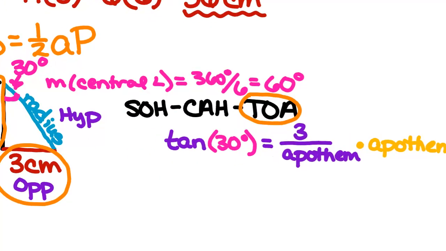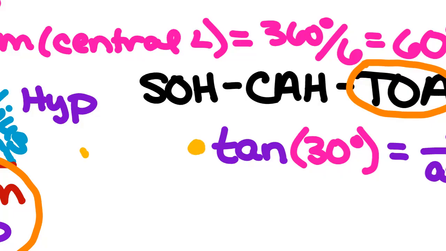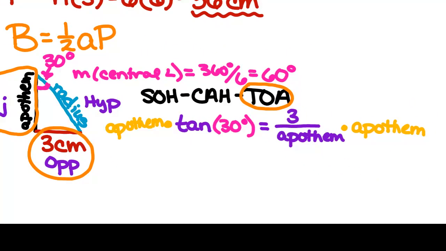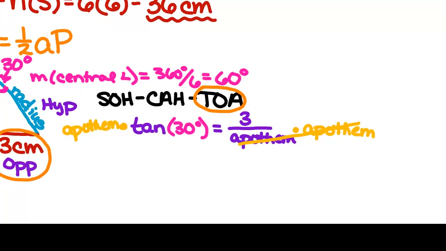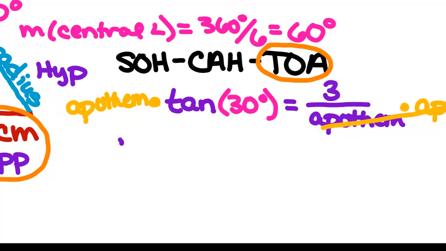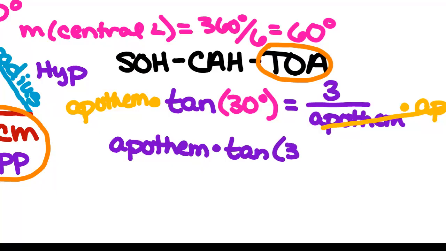If you do it to one side, don't forget to do it to the other side. So over on the right, the apothem that I'm multiplying by and the denominator cancel each other out. Over on the left, I have apothem times the tangent of 30 degrees equals 3.